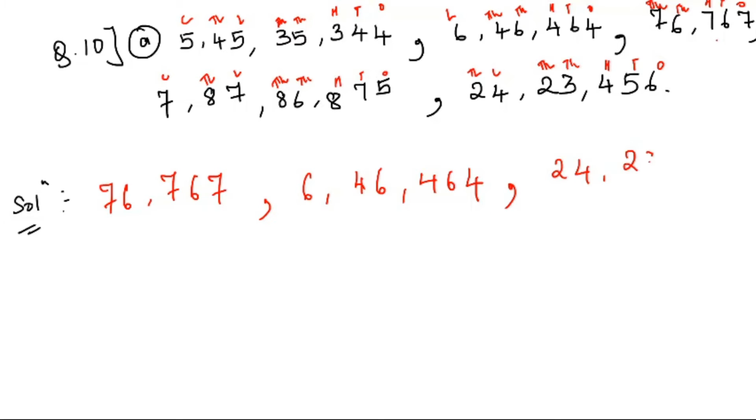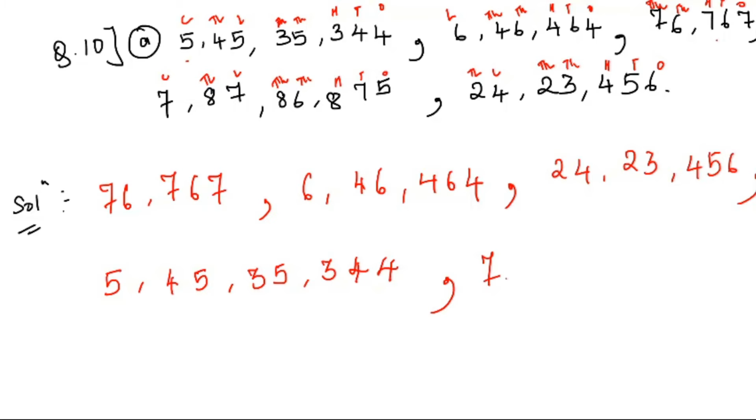Another one, 7 crore is greater or 5 crore? 7. So we will write this one. 5 crore 45 lakh 35,344. And the another one, 7 crore 87 lakh 86,875.